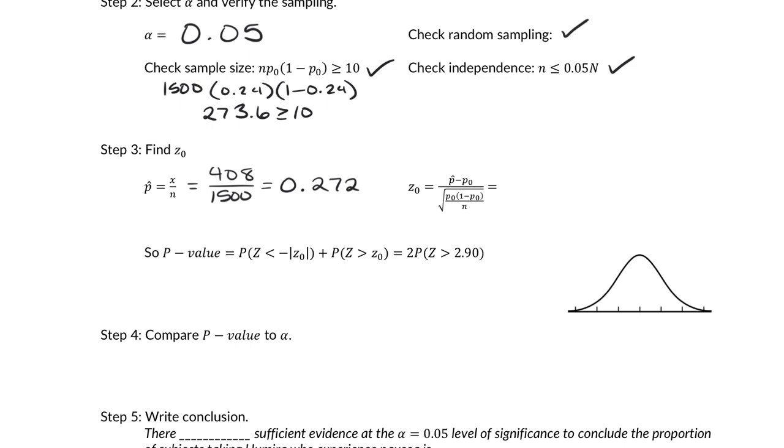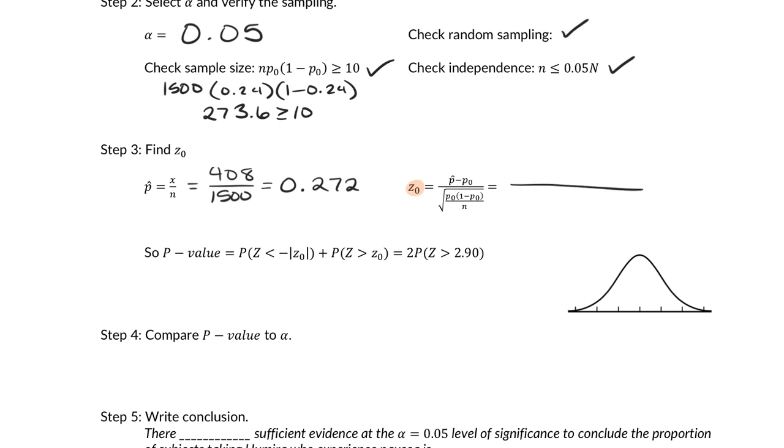All right, so before we left for lunch, we were on step 3, which is finding the test statistic. All we had found so far was p hat, and we need p hat to find the test statistic. So let's go ahead and find that. So z naught is what we're looking for. We have all of these values, though.